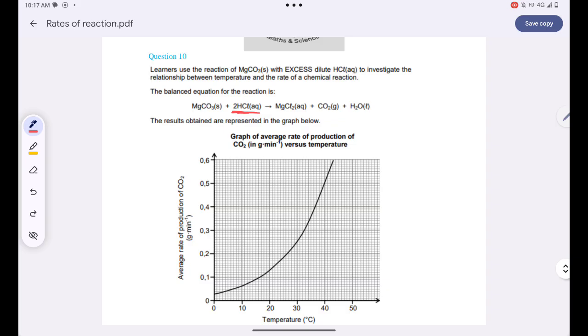But temperature does not have to remain the same. Why? Because in this investigation, we want to know how temperature affects the reaction rate. So we'll keep on changing temperature. Temperature becomes our independent variable, and the reaction rate is our dependent variable, because it depends on the change in temperature.